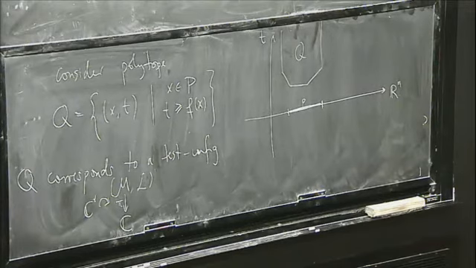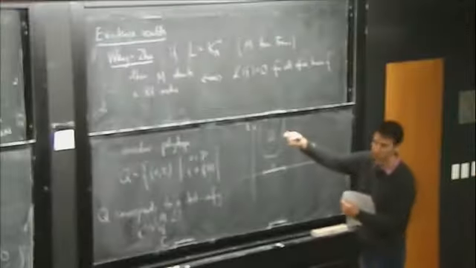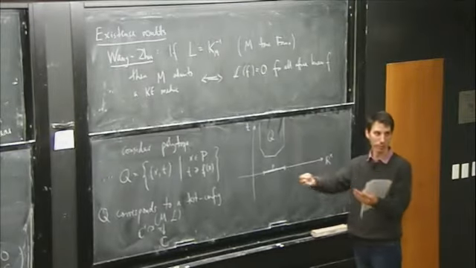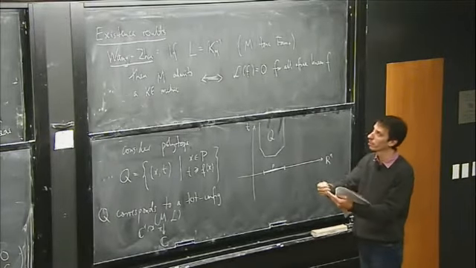Okay, so in terms of the heuristics, the point would be that if M does not admit a Kahler-Einstein metric, then there should be something happening as you try to find such a metric.